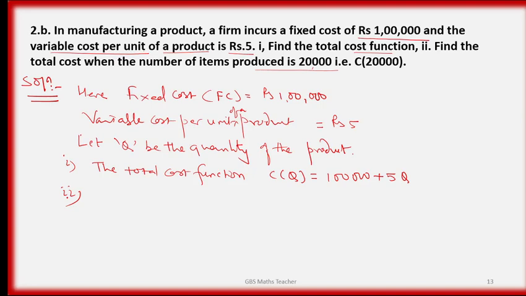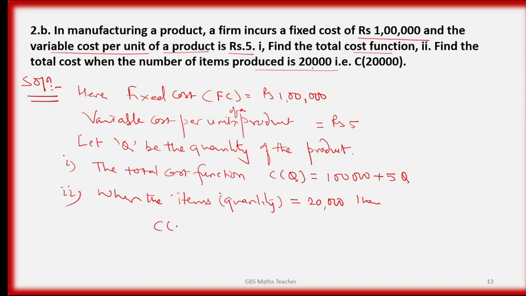When the items, or that is quantity, equal 20,000, then the total cost that can be expressed C(20,000) equal, you know that 1 lakh plus 5 times 20,000, 1 lakh and 1 lakh, it will be in total 2 lakhs.